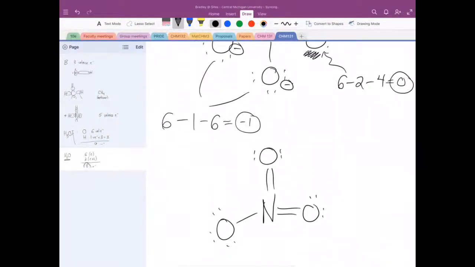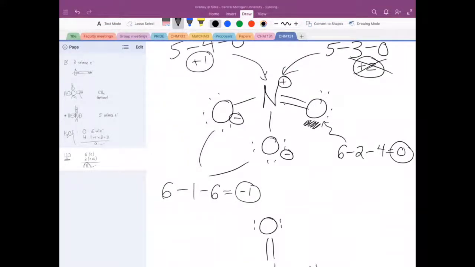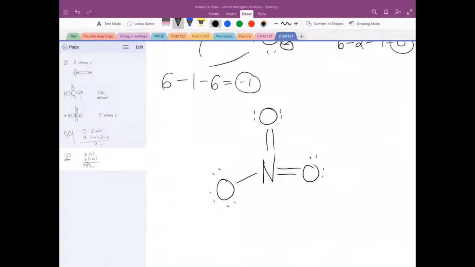Okay, so all I've done is, I've now moved these electrons up to there. Okay, so now you have 2 double bonds. If you look at formal charges, this oxygen will have a 0 formal charge, this will have a 0, this will have a -1, and the nitrogen is going to be 5 minus 1, 2, 3, 4, 5. So that's going to be 0.